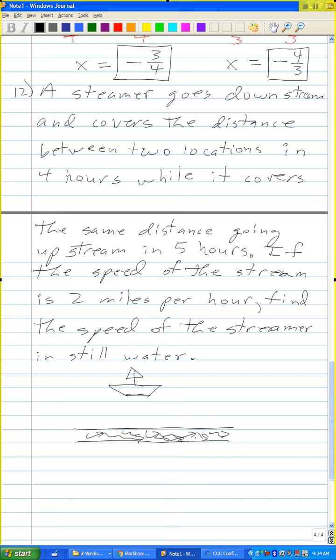And so it goes downstream in 4 hours. So this way it takes 4 hours, while it covers the same distance. So say this is the distance going upstream. It goes downstream in 4 hours and upstream in 5 hours.